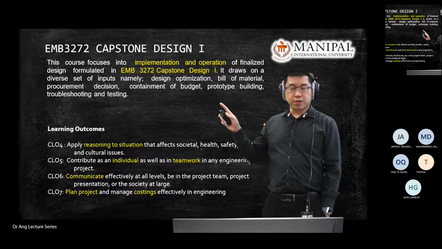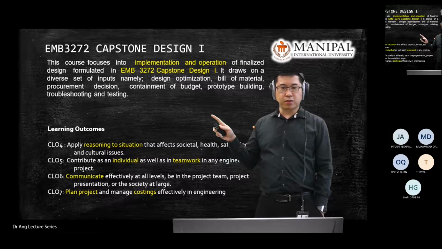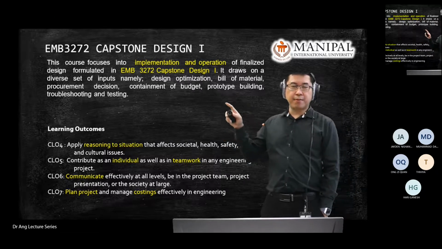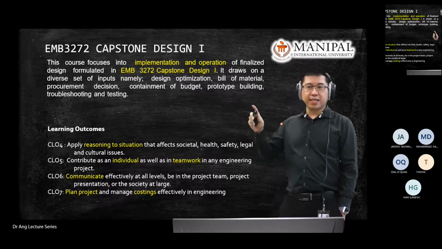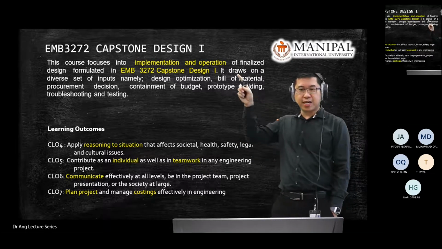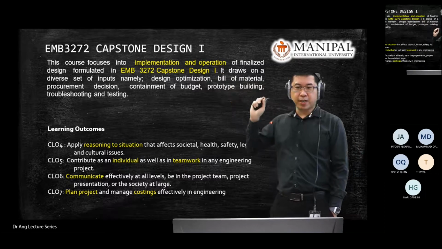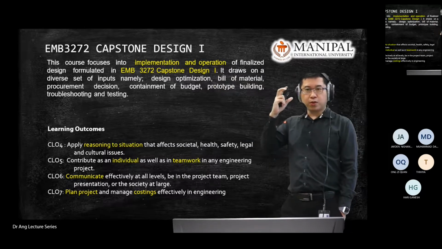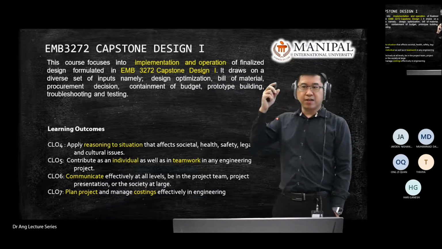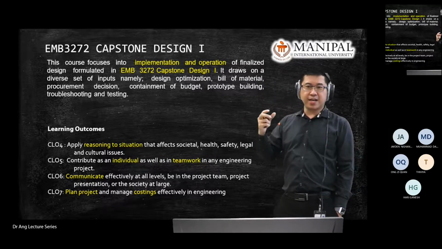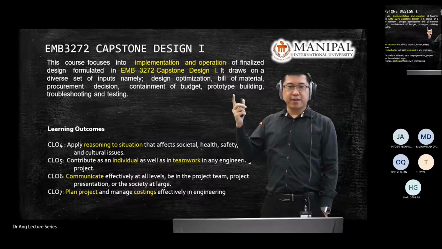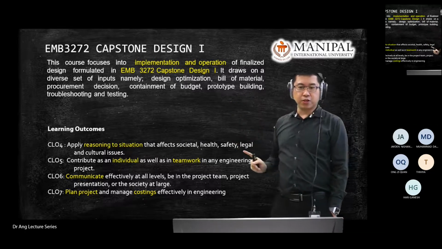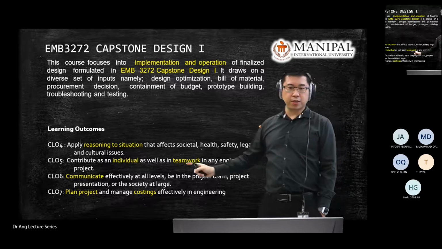If you capture somebody's idea, please give credit to the owner. Okay, let's say there must be some starting point that triggered your idea to design Capstone Design 1. Okay, there must be an idea that triggered you. So who gave you that idea, or is that idea published, or has that prototype already been built by someone? So you have to give the credit to the original builder or producer.